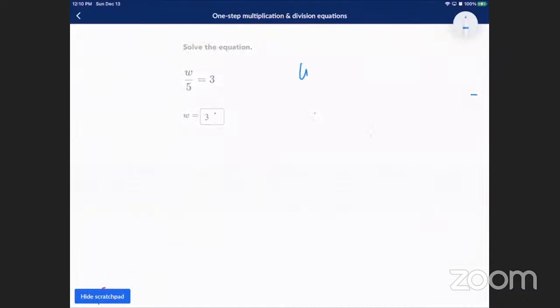Let's go back, and we have W over 5 equals 3. What happens is that we take the 3 and we solve on both sides like that. Then this would get 15 times 3, right?